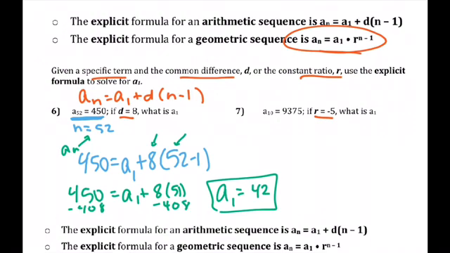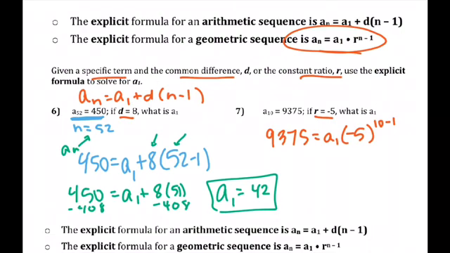Who can give me the equation that I'm going to write? How do I set this up? 9,375 equals a sub 1 times negative 5 to the power of 10 minus 1. Okay, very good. That's exactly how you set this up.